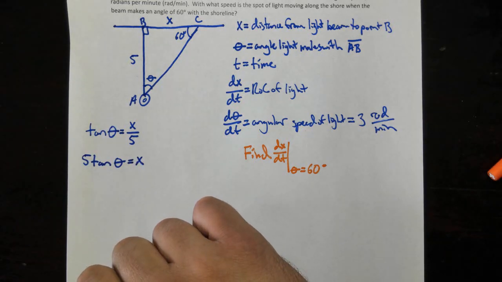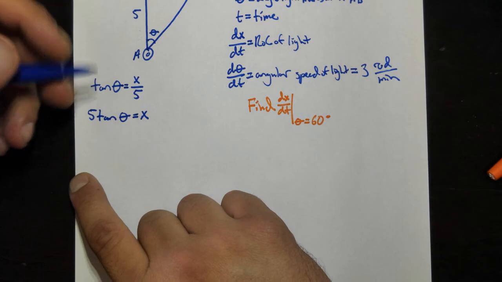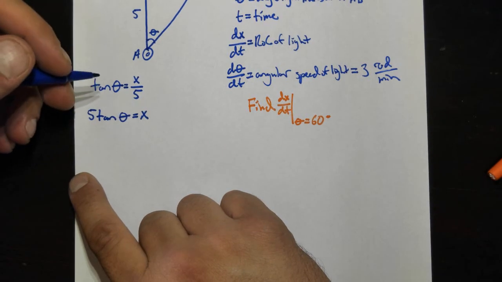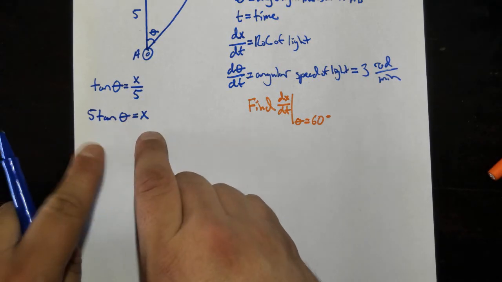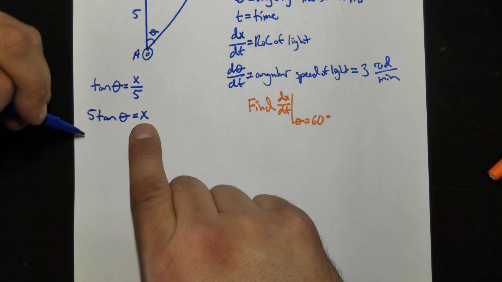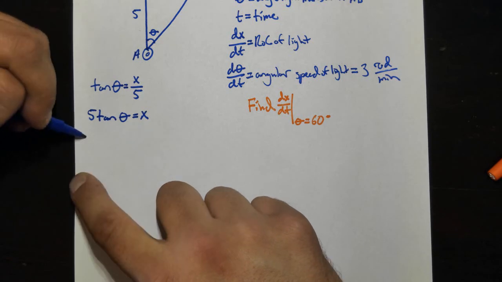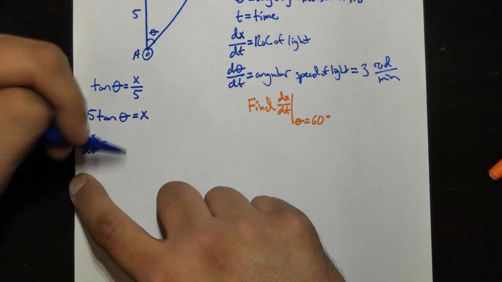Okay, so now we want to take the derivative of our function. I'm going to switch these real quick so x is on the left side. I just like that better. So the derivative of x is going to be 1 dx/dt, or just dx/dt, equals 5 as a constant.